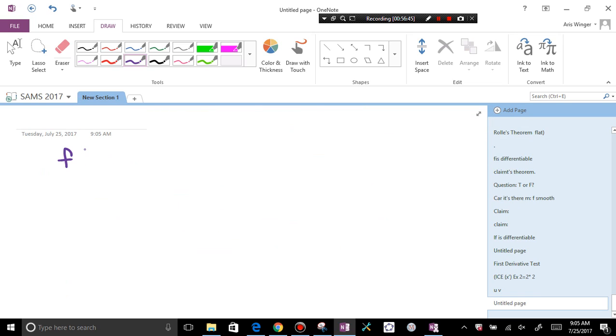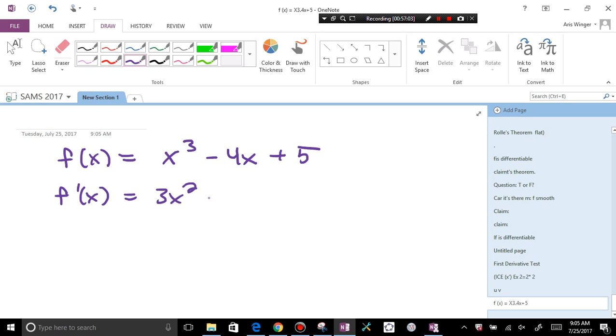All right, I have been super biased about derivatives in the following sense. I can talk about the derivative of this. f is a function. f prime is a function.